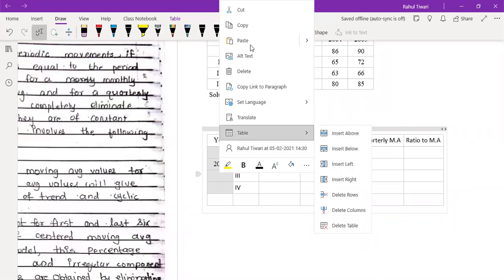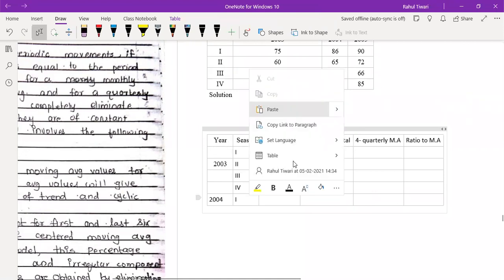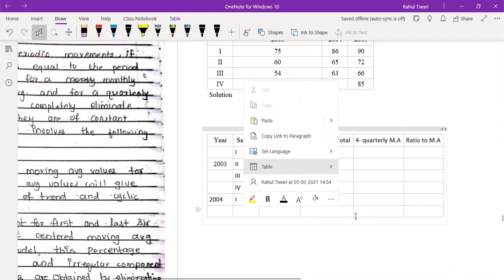Similarly, here also 2004. I need to introduce more rows here, below, again below.